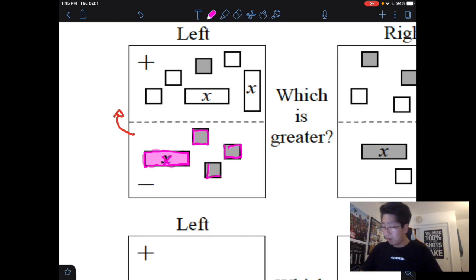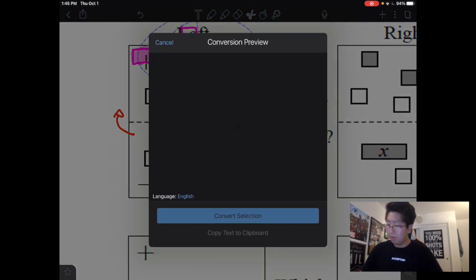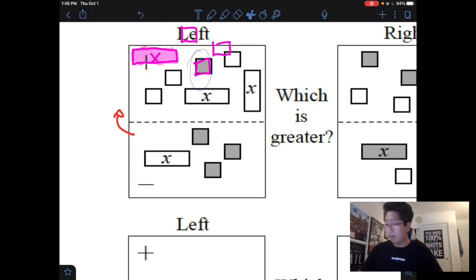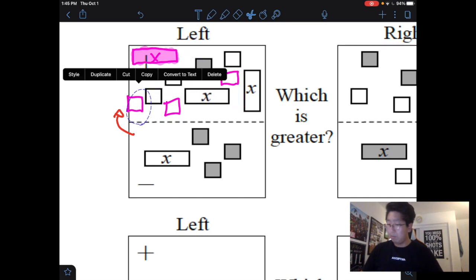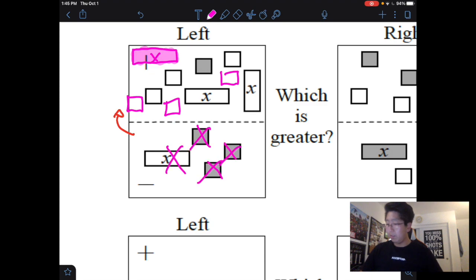I'm going to make them all negatives by not shading them in. And I'm going to flip them all up to the top. So here I moved them up to the top. I'll put a big old X here, saying they're not there anymore.